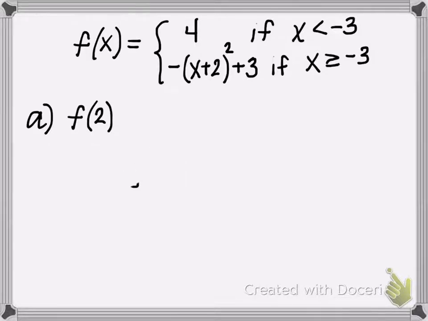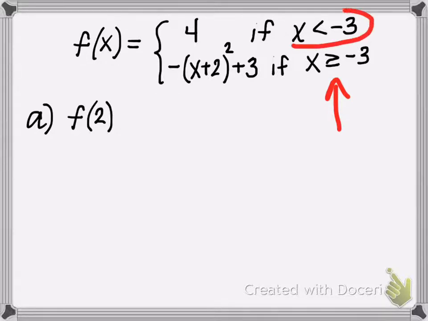Well, normally you would say plug in 2, but since it's a piecewise function, and this has two pieces, here's my first piece, here's my second piece, I have to decide which piece I'm going to substitute x equals 2 into. And I won't know that until I take a look at where x equals positive 2 belongs. So I need to take a look at my domains here.